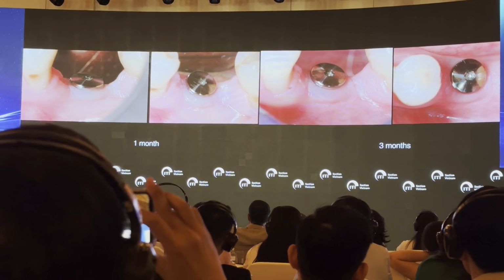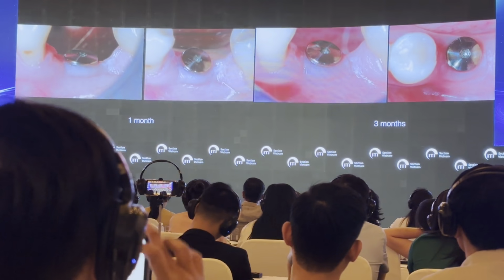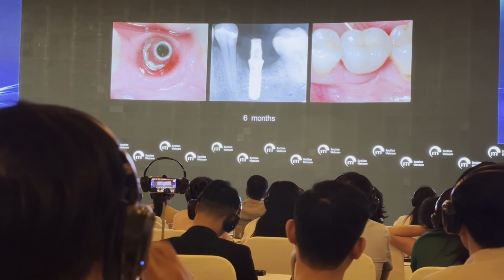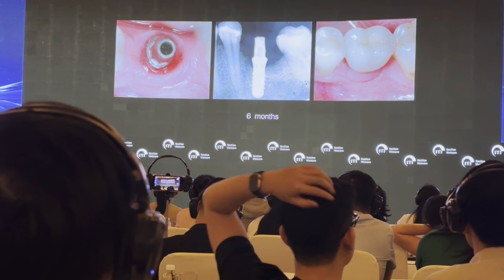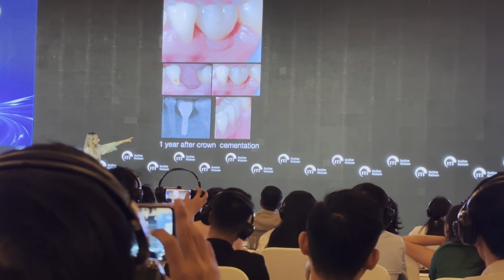So this is 1 month and 3 months after, and then at the end, 6 months, at the end of the maturation, we can start with the provisional restoration, and then the final one.